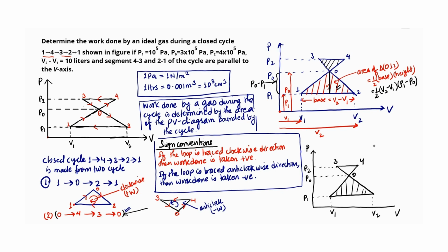So for triangle 0, 1, 2, the values of pressure and volume are marked or given in the question.